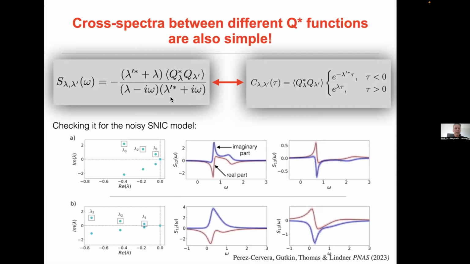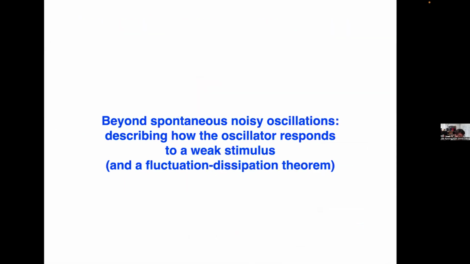And we find here an expression for it, and we can test this. For instance, for the SNCC model, you see here always colors, and then you see lines. One is the theory and one are the simulations. I don't remember which one is which, but they agree with each other perfectly anyway. Okay, so this is the spontaneous activity that we can perfectly describe in this framework.